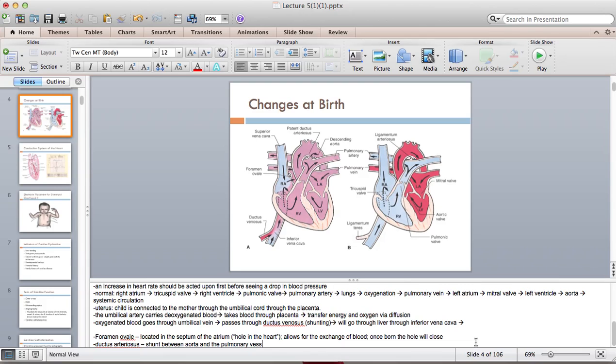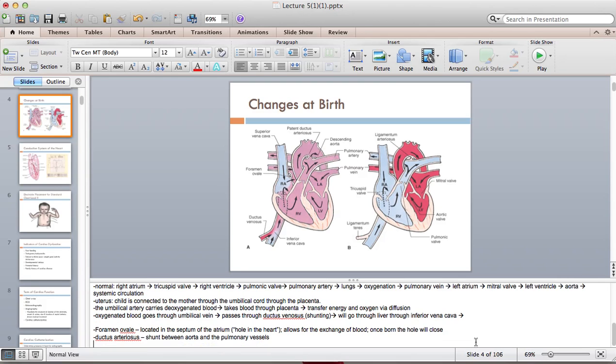In extrauterine life, that opening is closed, and it just converts to a ligament, and there is no blood exchange between the aorta and the pulmonary artery. However, in utero, there is that opening, that shunt.